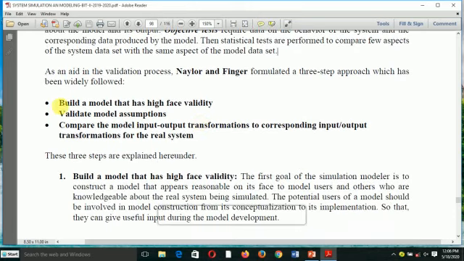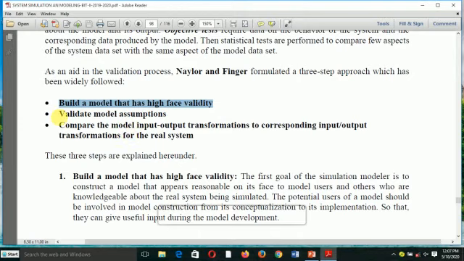The first one is to build a model that has high face validity. So you have to build a model which provides very high validity. It means that it is 100% the same as the real system.